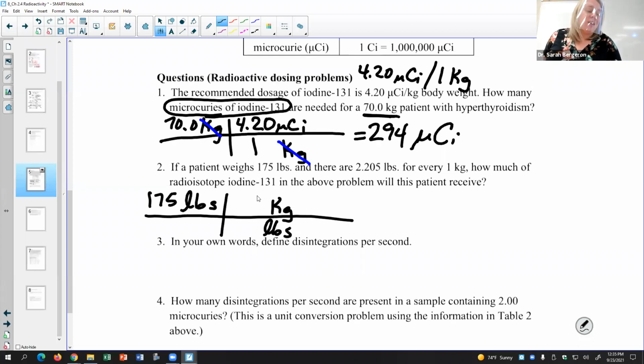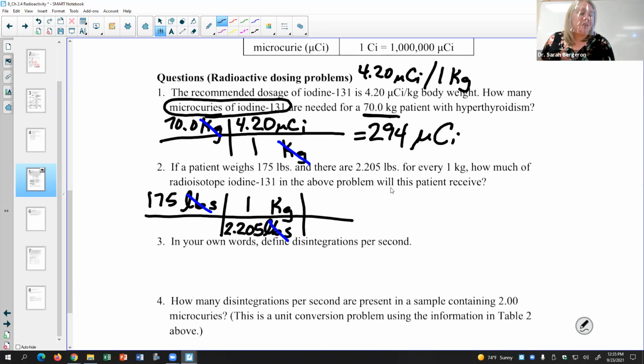So how many kilograms? Right, I need pounds on the bottom, so it cancels, but how many kilograms per how many pounds? 1 kilogram for every 2.205 pounds. But now I'm not where I need to go, because what am I trying to get to? How much of this radioactive isotope I need? So what do?